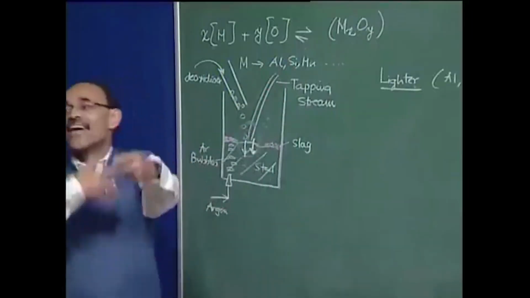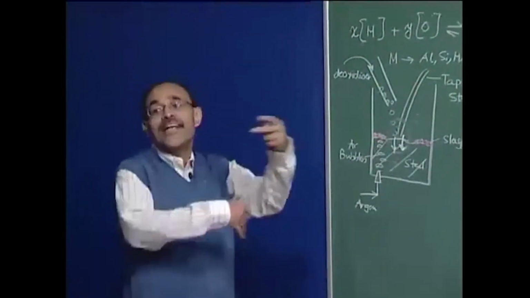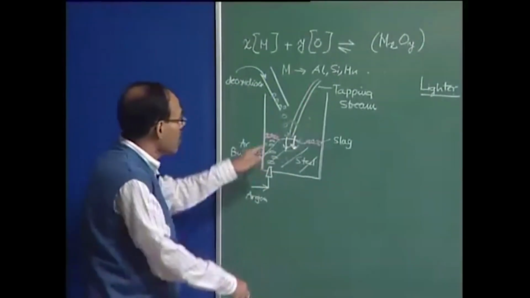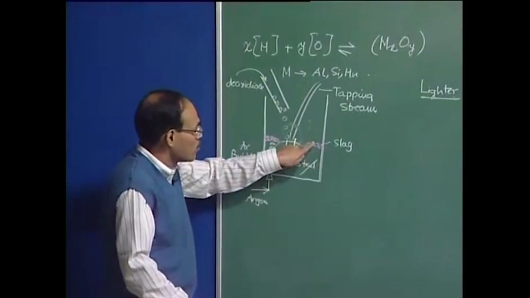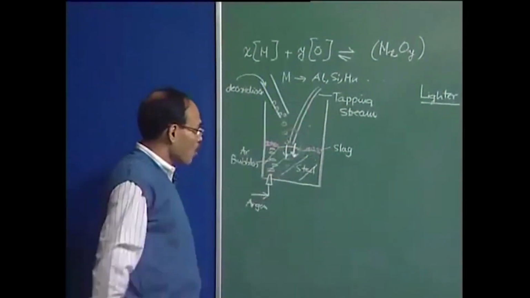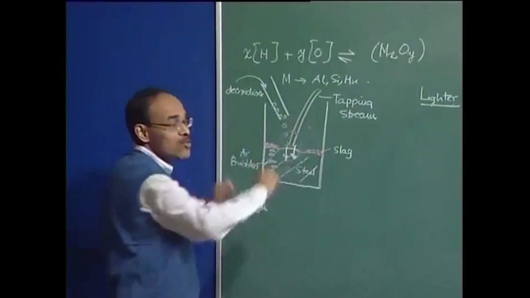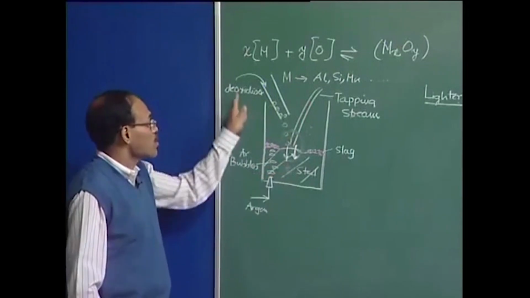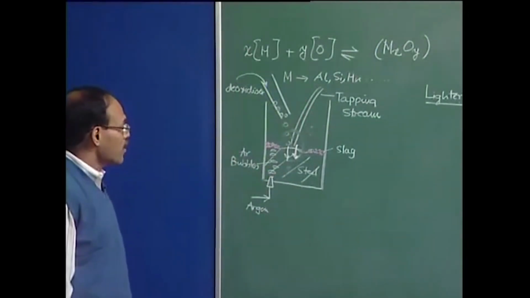So we want to create a kinetically favorable condition. We want to create some stirring all the time, such that oxide is transported from one place to another. The oxides are always lighter, which is why the oxides of the slag are going to float up, and the amount of slag is going to progressively build during the process of ladle filling as well as deoxidizer element addition.